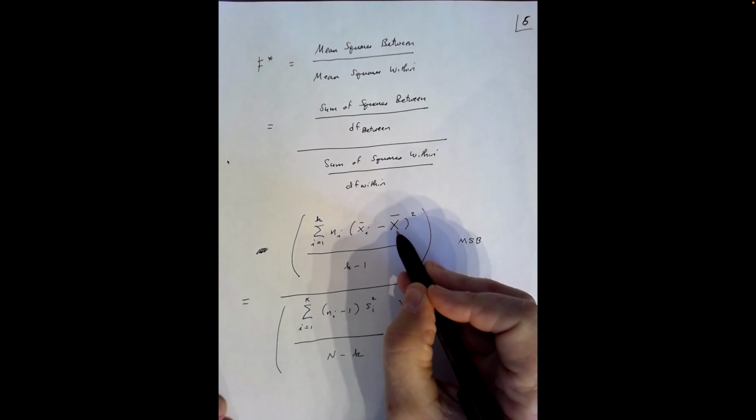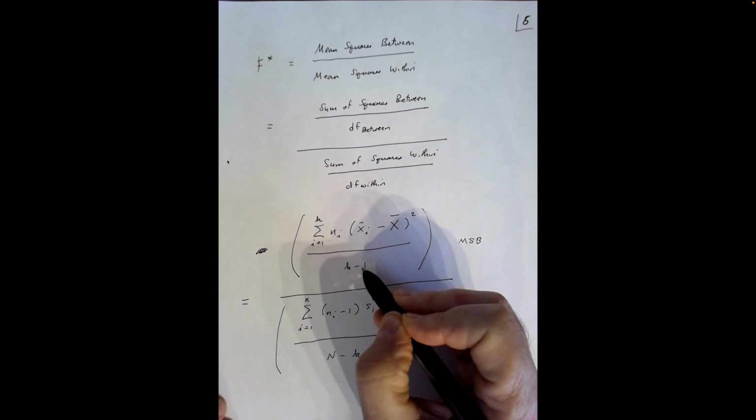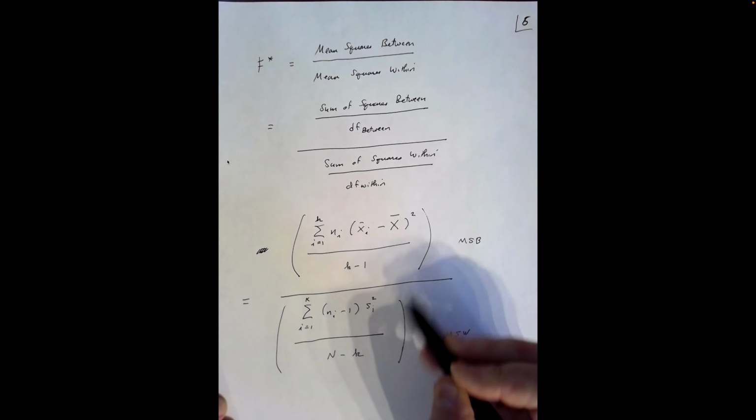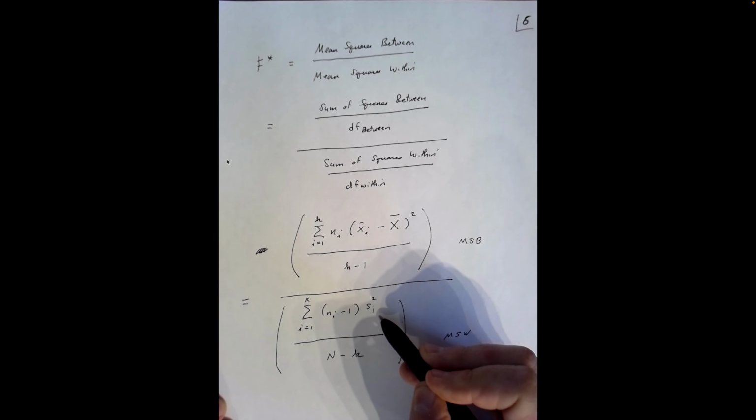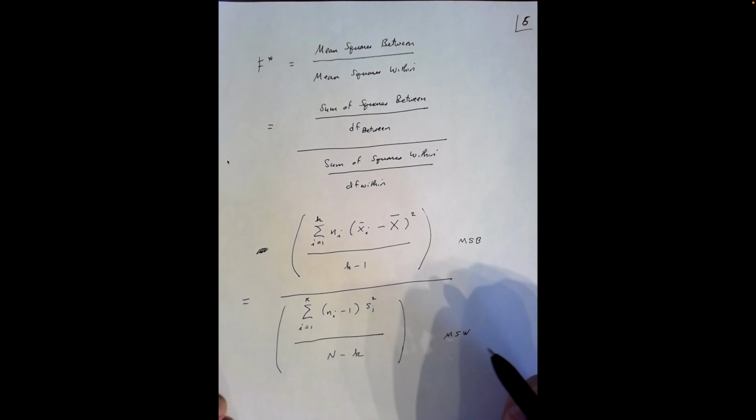This part is called the sum of squares between. This is your degrees of freedom for the between, and this is your sum of squares within, and this part is your degrees of freedom within.